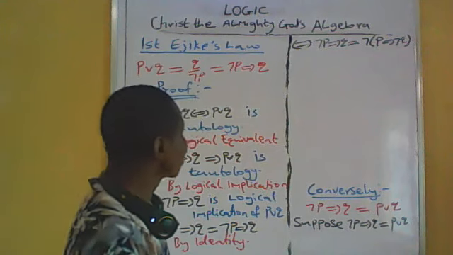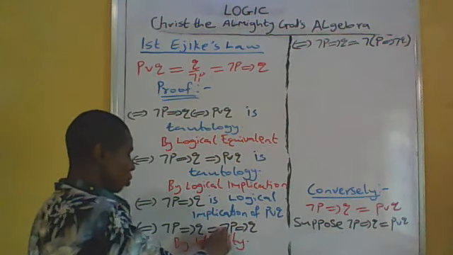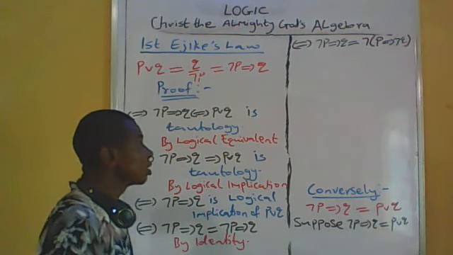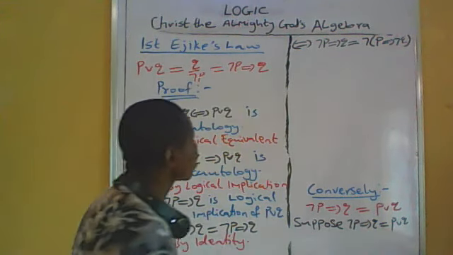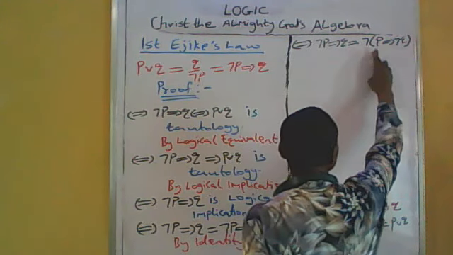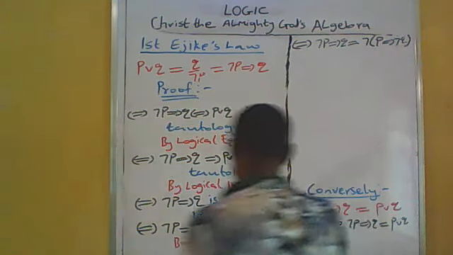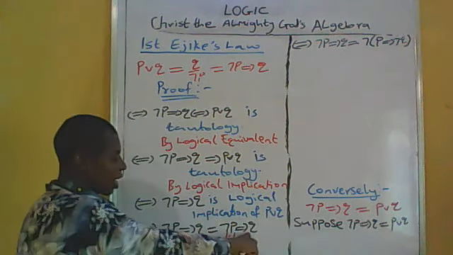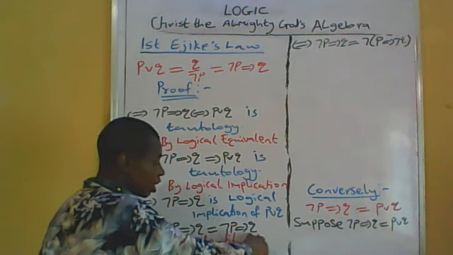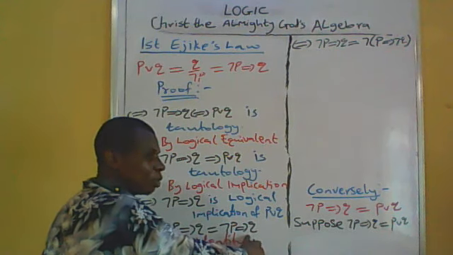So we have now signified this not P implies Q, and let's simplify it. It gives us not bracket P implies not Q. Whenever a statement is positive, it becomes negative, and anywhere it is negative, it becomes positive.